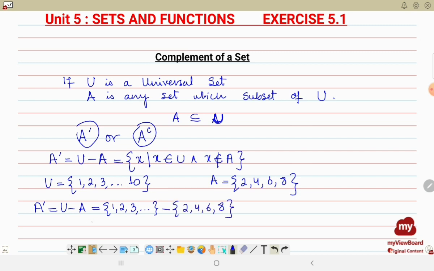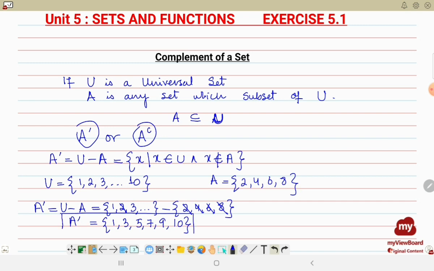So we will remove all the elements of A from U. So 2, 4, 6, 8 will be cancelled from here, and we'll write down the remaining elements of U: 1, 3, 5, 7, 9 and 10. So these are the elements of A complement.